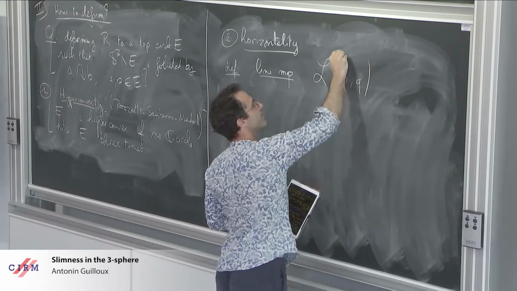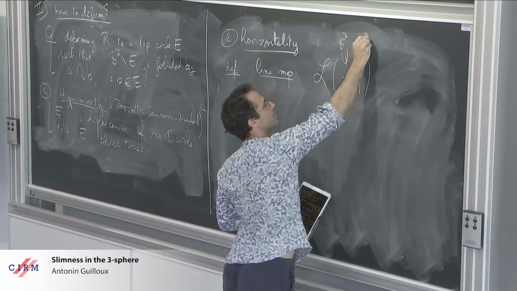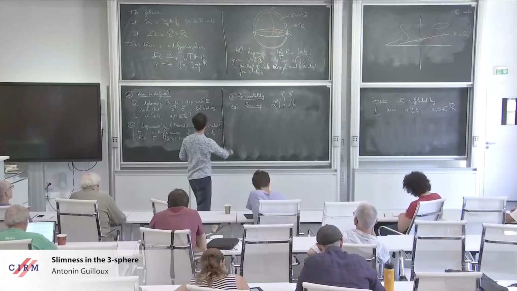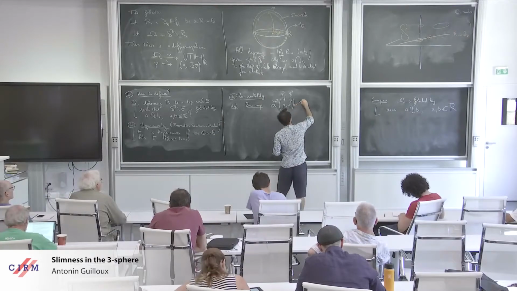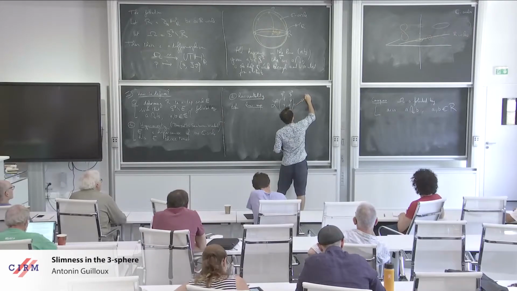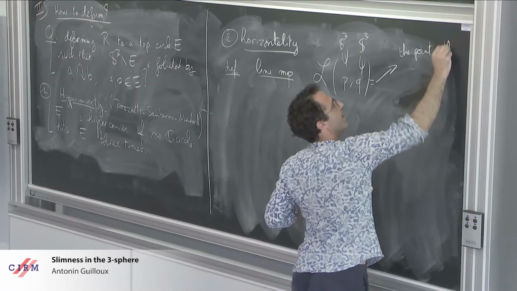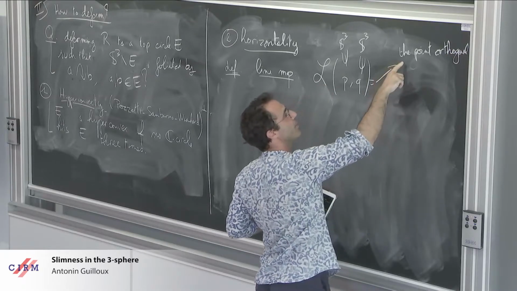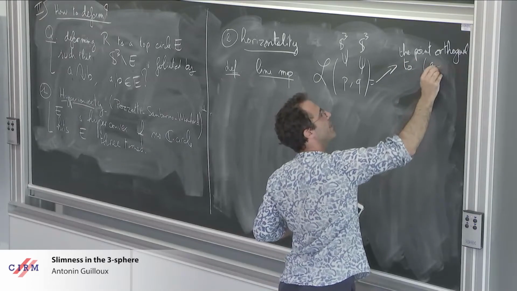Whenever you have 2 points in the sphere, okay, you can look at the real hyperbolic picture that I erased. You can take the point which is orthogonal to the line PQ.